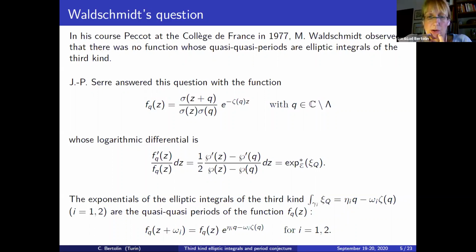This means that f_q of z plus omega i is equal to f_q(z) multiplied by the exponential of eta i q minus omega i zeta q. So in this case, the elliptic integrals of the third kind are not really periods, but I have to take the exponential. This is the difference with the elliptic integrals of the first and second kind.